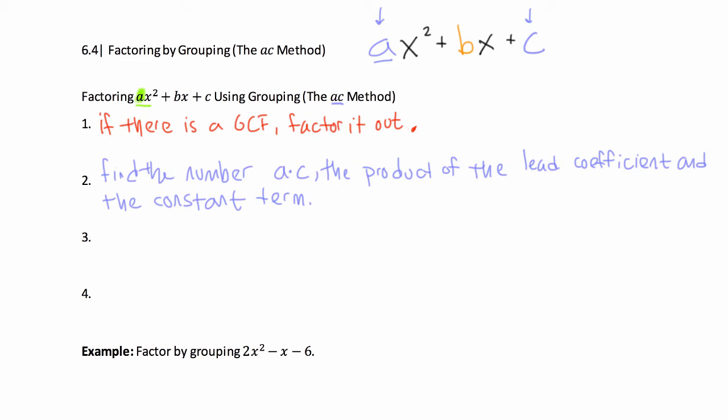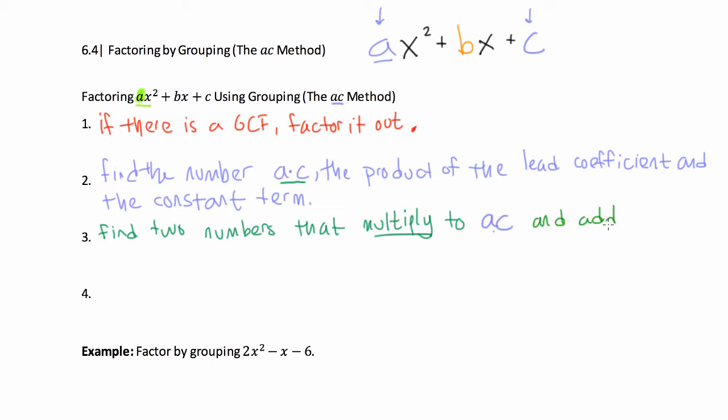And then we're going to use that number in this next step. We need to find two numbers that multiply to that AC. So find two numbers that multiply to whatever A times C was and add to B.